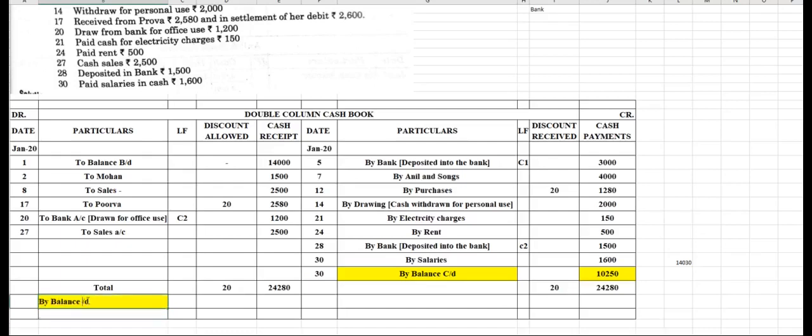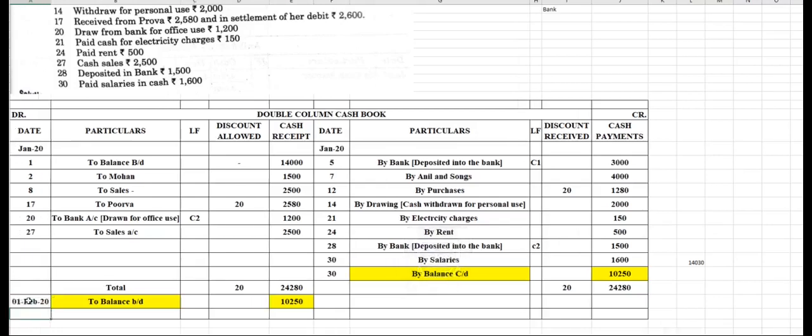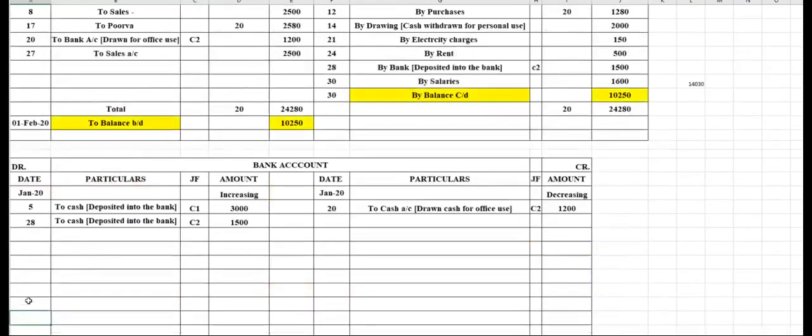To balance brought down, the same amount needs to be brought down here, 10,250 rupees is your answer. That is on 1st February 2020. That is ready. Here, go to bank account.